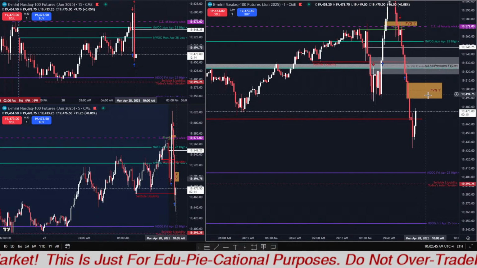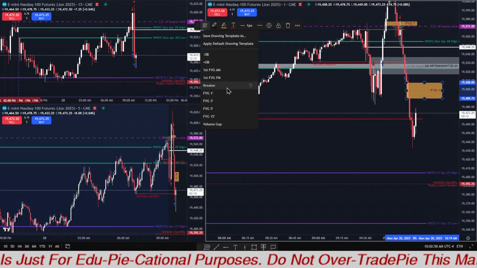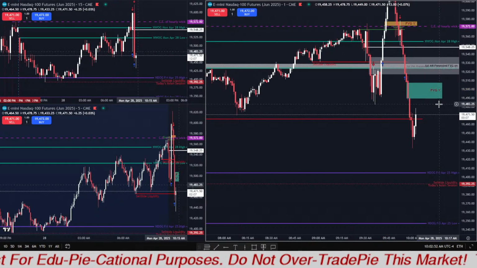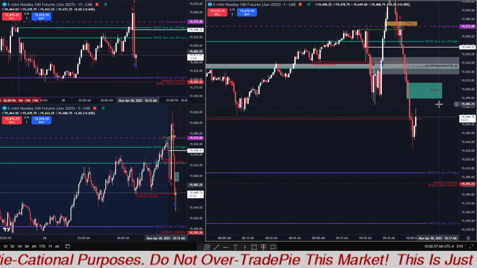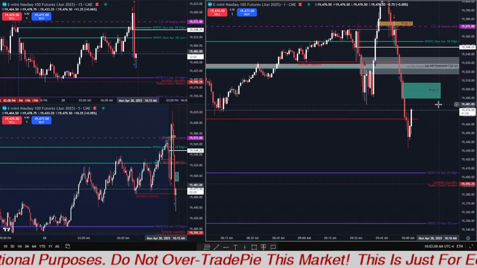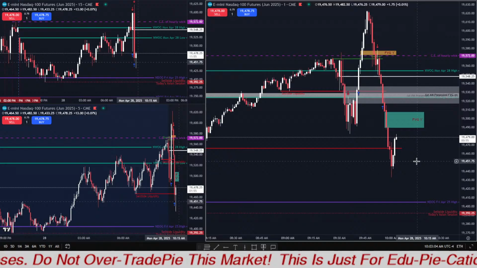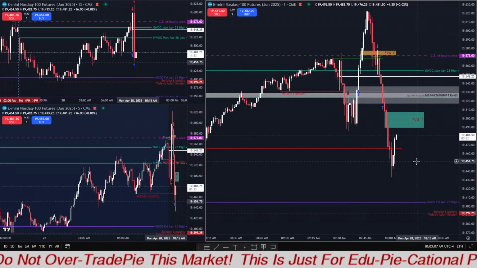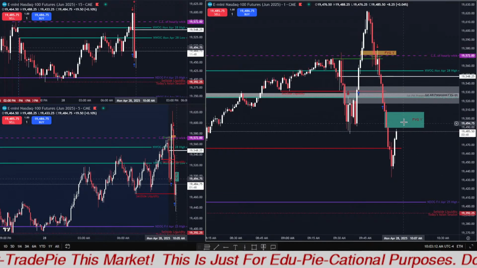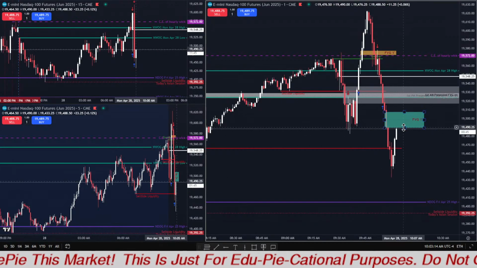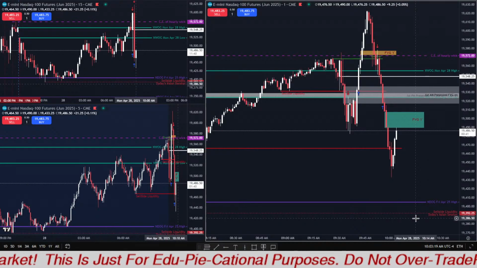Now the market is trying to reach this fair value gap over here, that is a type of BC. I'm not interested in opening another position for today because the level of volatility is quite high, but this can be another ideal scenario for going short and trying to reach this sell side liquidity over here.